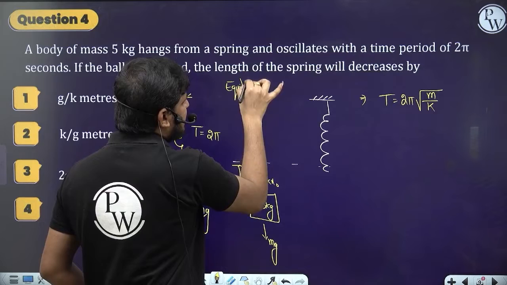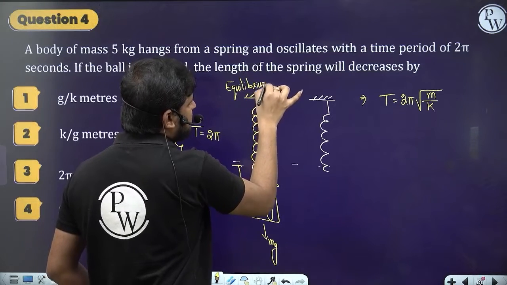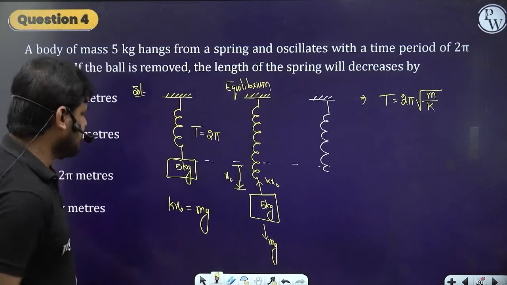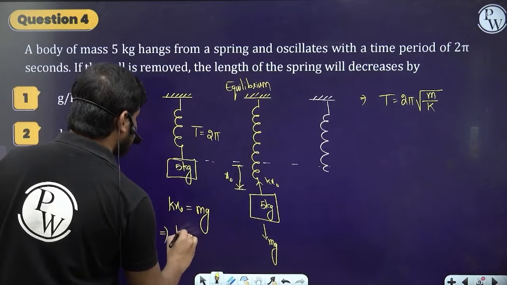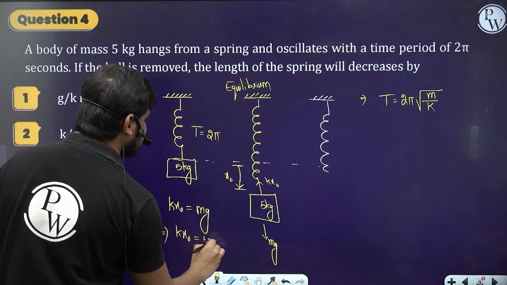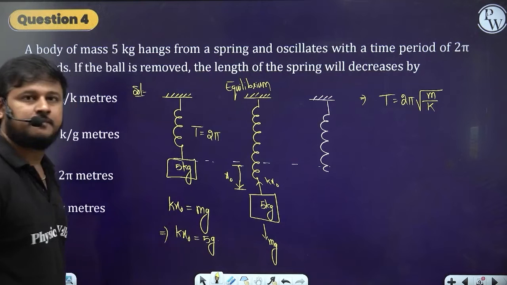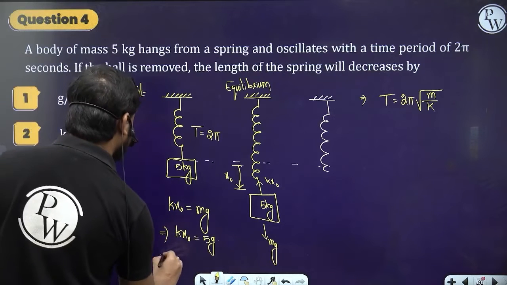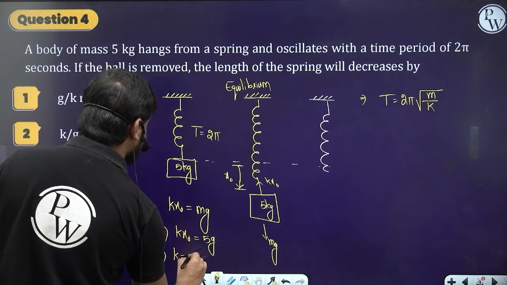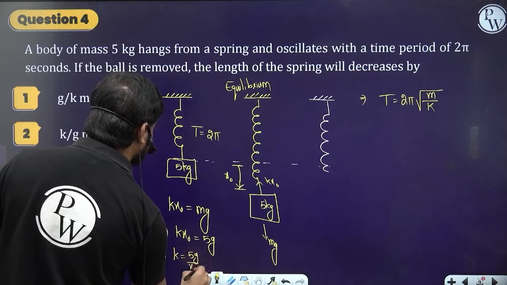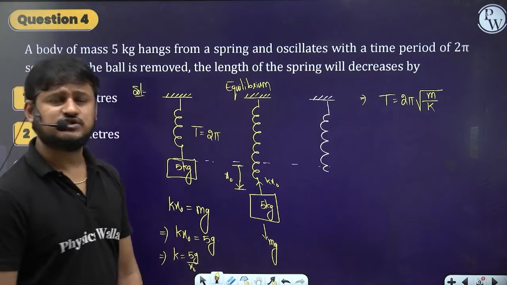In this particular case, I can write kx naught is equal to mg, which is mass 5 into g. So from here, k is equal to 5g by x naught. What I actually require is the x naught value, so I will substitute the k value, 5g by x naught.